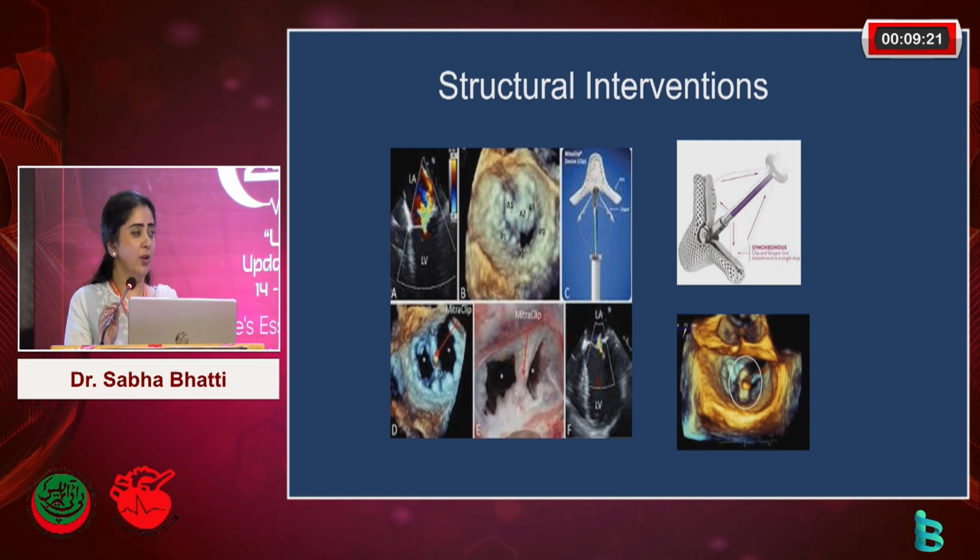Now let's move on to structural intervention. So many of you are interventionalists, and you know this has been an exciting advancement in terms of things that can be done without doing a sternotomy.